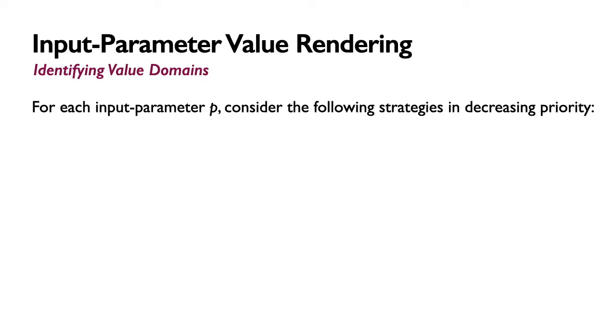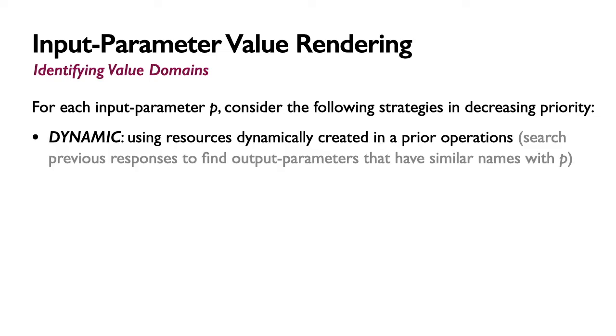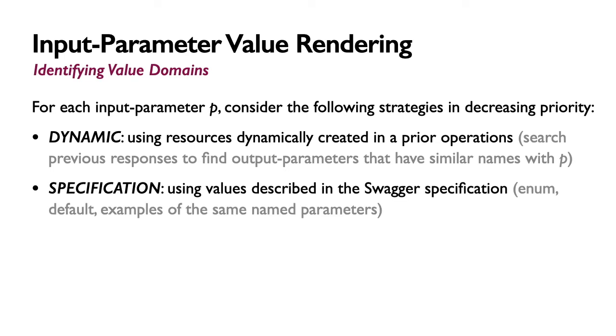Regarding the value domains, a series of heuristic strategies are used. The first is a dynamic strategy, which seeks to search responses received in previous operations to find the required parameter values. The second is a specification strategy, which tries to use the enumerate values provided in the specification or the values extracted from the default and example fields of parameters of the same name.